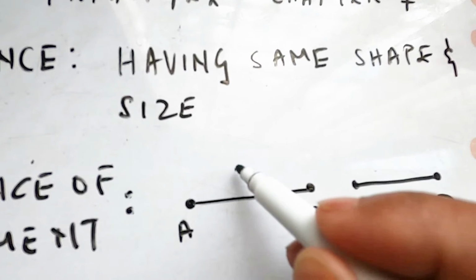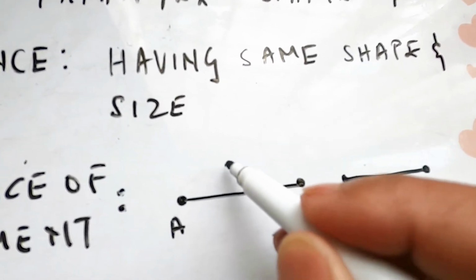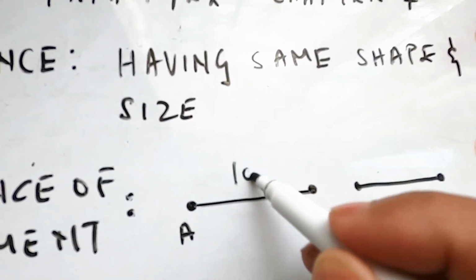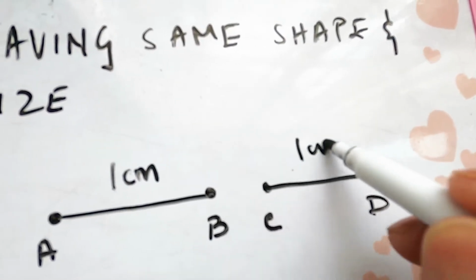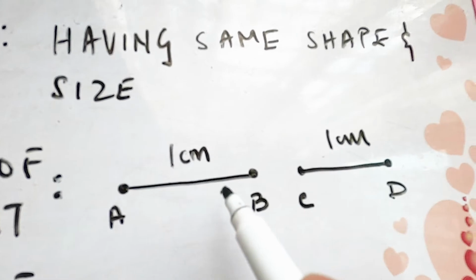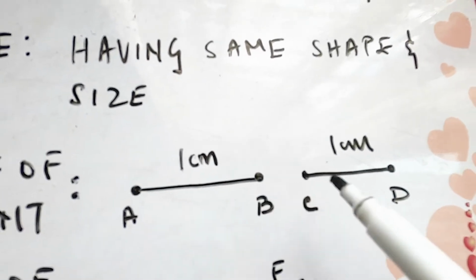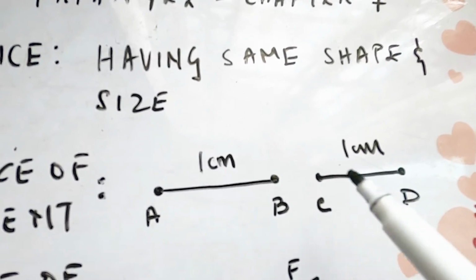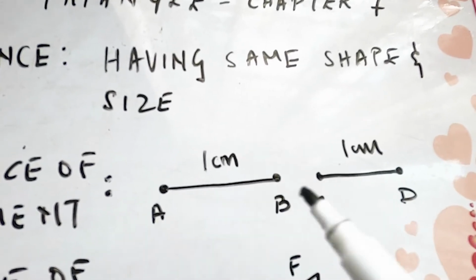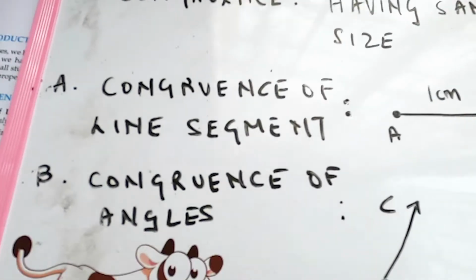Suppose we have line AB as 1 centimeter and also line CD as 1 centimeter. So we can say that the two lines are congruent. What is the reason for that? Because the two lines are equal in measurement. That is very simple.